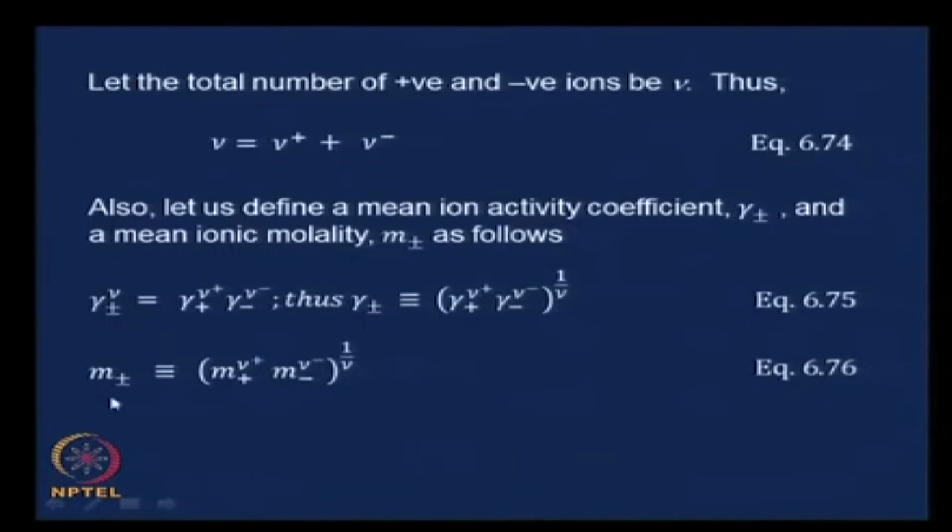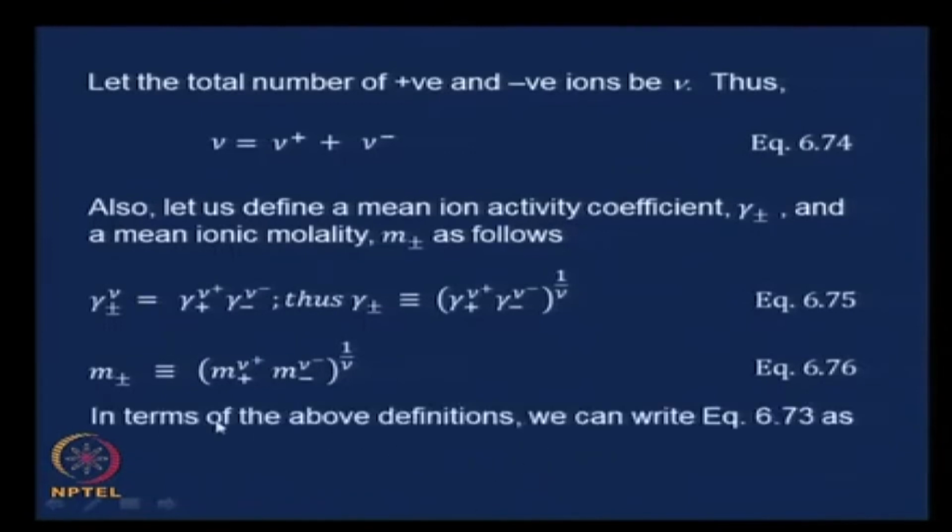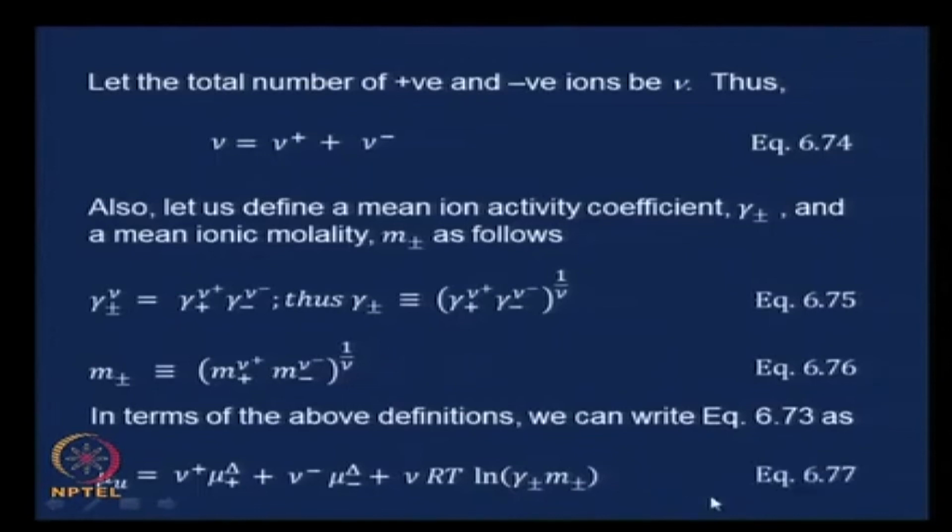Therefore using the mean values in terms of the above definitions, we can write the previous equation as nu u equals nu plus mu plus triangle, the standard value, plus nu minus mu minus triangle plus nu RT ln of gamma plus minus m plus minus. These are the mean values that we have defined here. Let us call this equation 677.